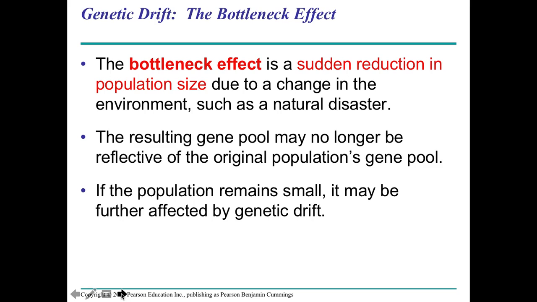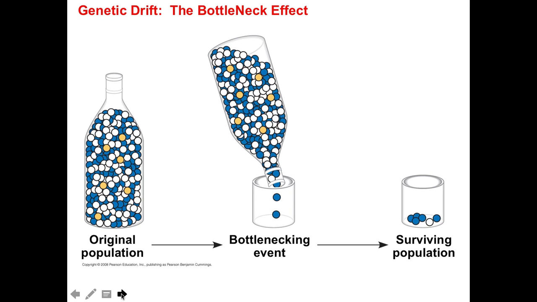So the direction of how the population is going to look is going to change based on only the few that are left after the natural disaster. So the gene pool is going to be a lot smaller. And if the gene pool remains small, it probably will be affected by genetic drift. So here's an example of the bottleneck effect.